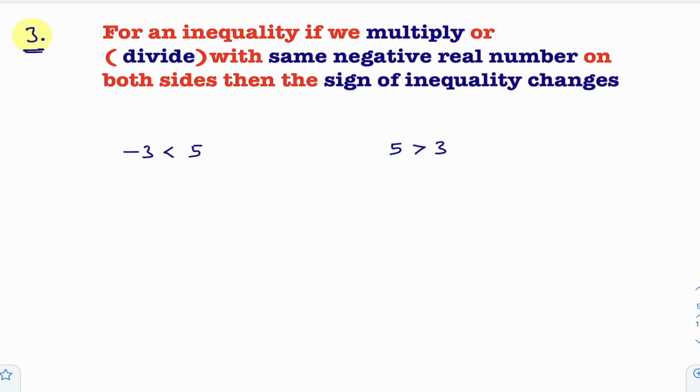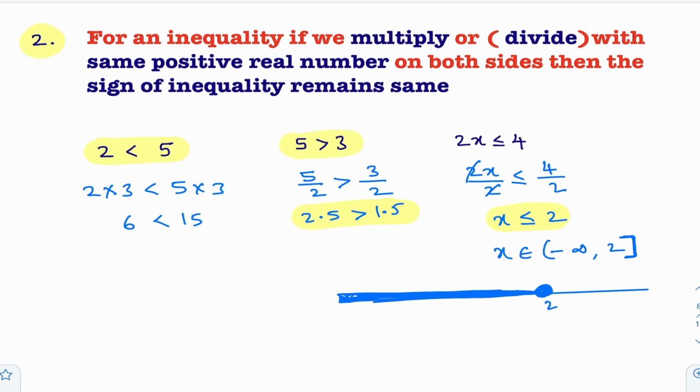Now see rule number 3. In these inequalities, what is rule number 3? For an inequality, if we multiply or divide with the same negative real number, this is important, the sign of inequality changes. Look here, the sign of inequality changes. Till now, rule 1 and rule 2 kept the sign the same.